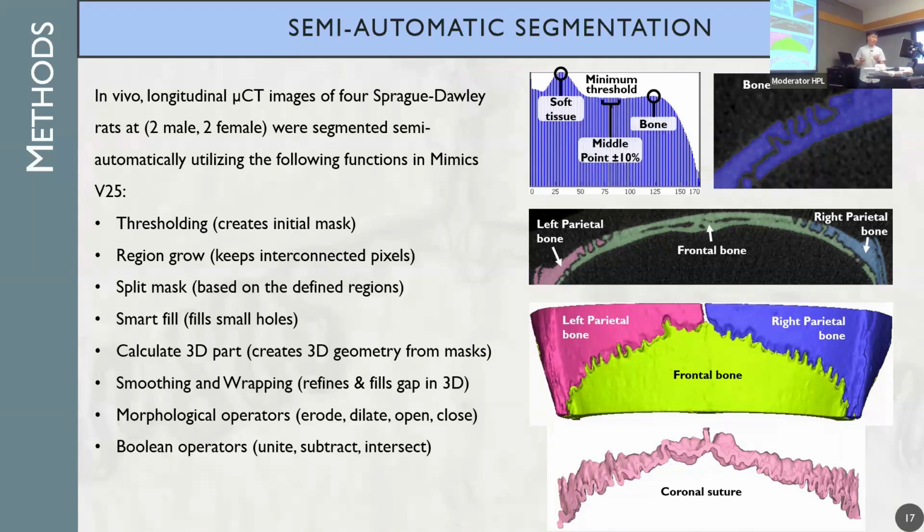Then after a few cleanup and other smart fill operations, we were able to get this final bone geometry. And then by filling the gap between the bones, I was able to get the geometry of the coronal suture.